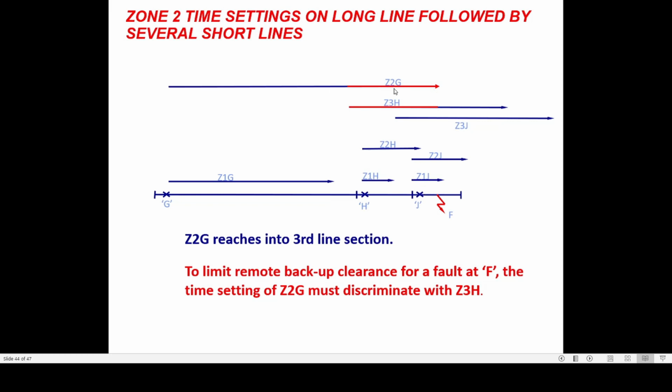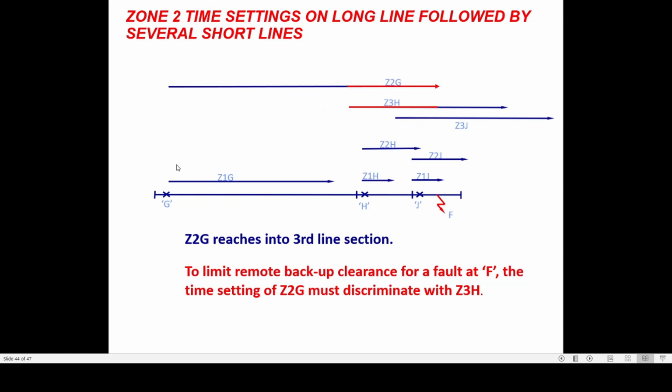And obviously this condition will come only when the relay at J fails to operate. But in ideal condition, the relay at H must have operated first, and after that only the relay at G should have operated.